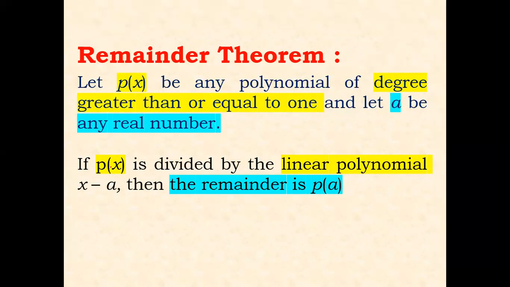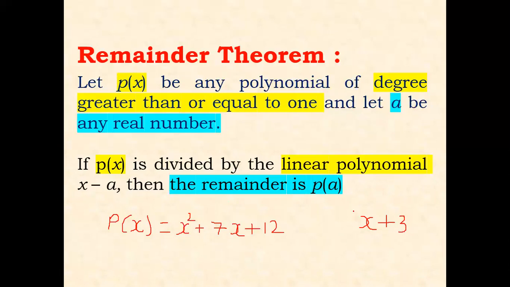So let P(x) be a quadratic polynomial: x squared plus 7x plus 12, and we are supposed to find out the remainder when it is divided by x plus 3. So what will be the remainder if you divide it by x plus 3?